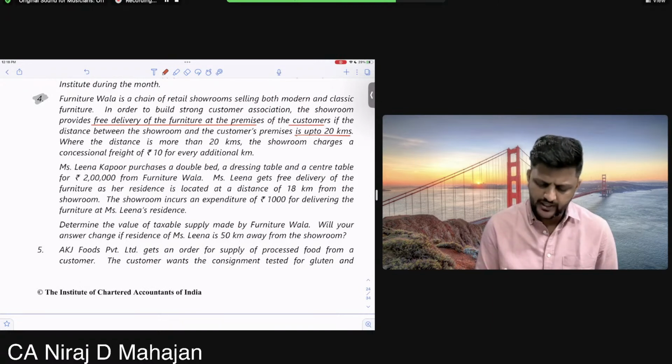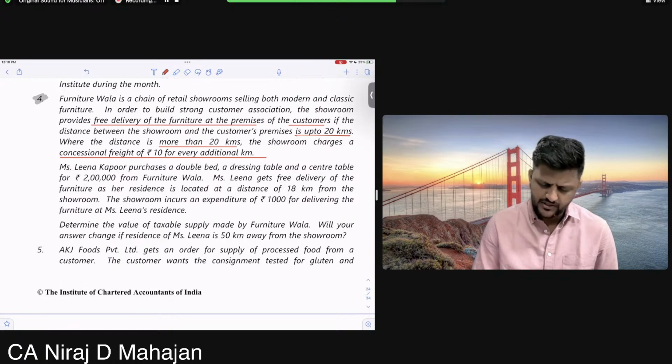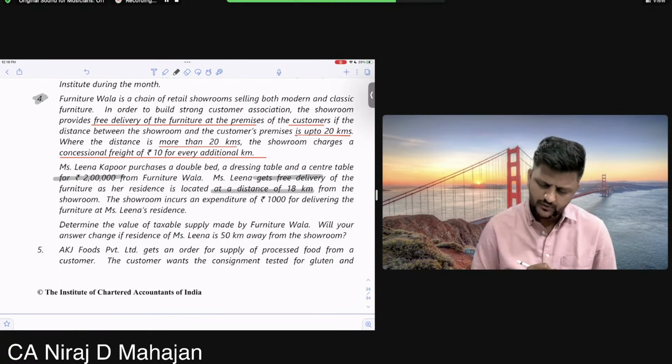If distance is more than 20 kilometers, the showroom charges concessional freight of rupees 10 for every additional kilometer. Miss Leena Kapoor purchased a double bed and dressing table for 2 lakhs. She wants free delivery of the furniture as her residence is located within 18 kilometers from the showroom. Okay, 18 kilometers.